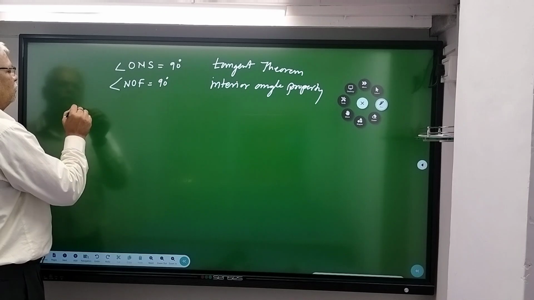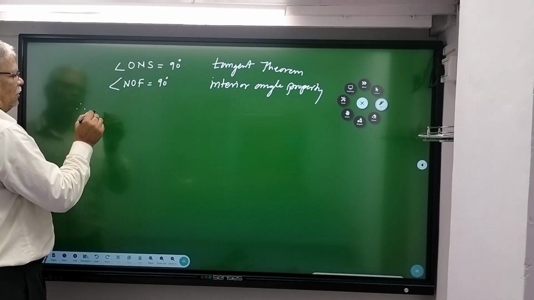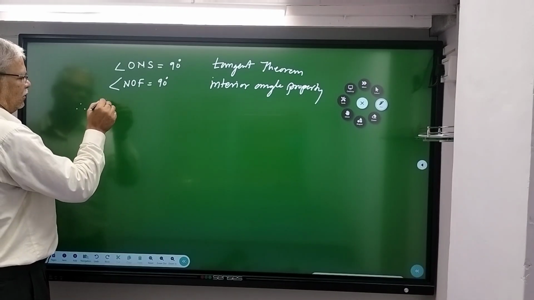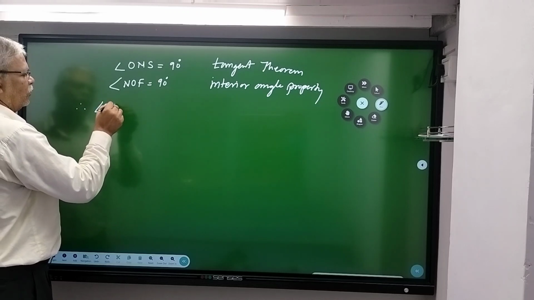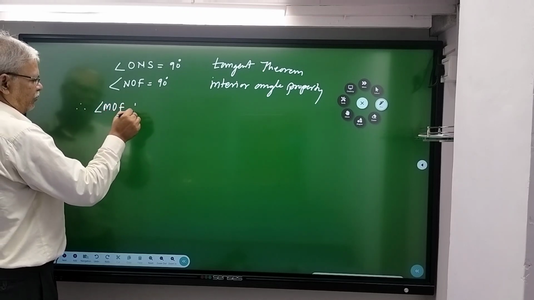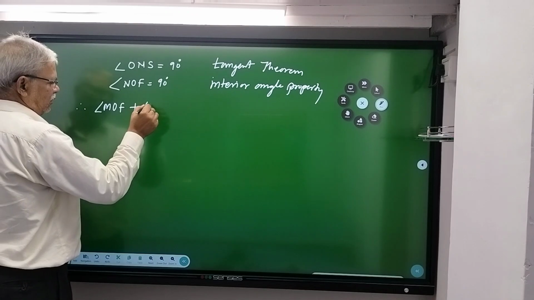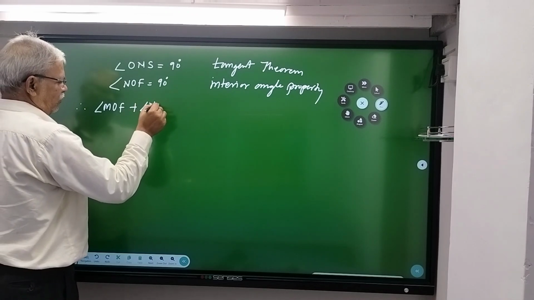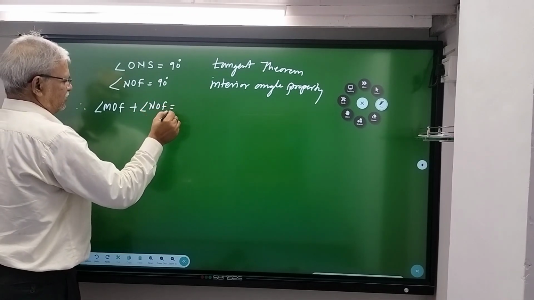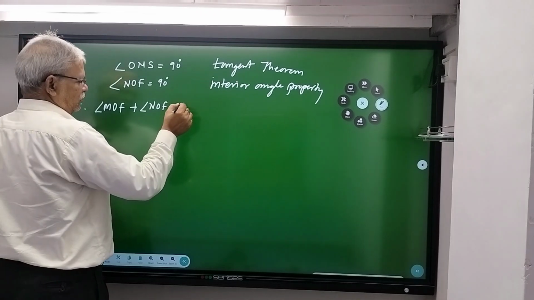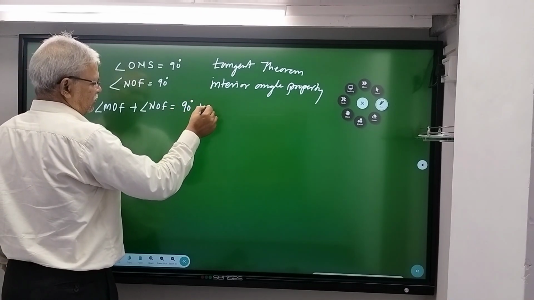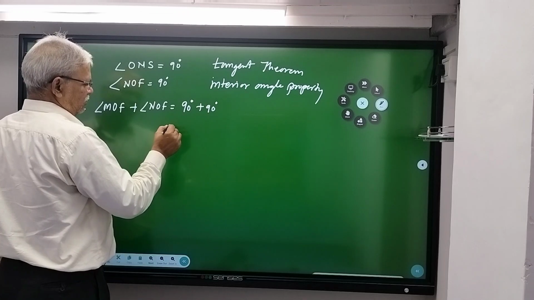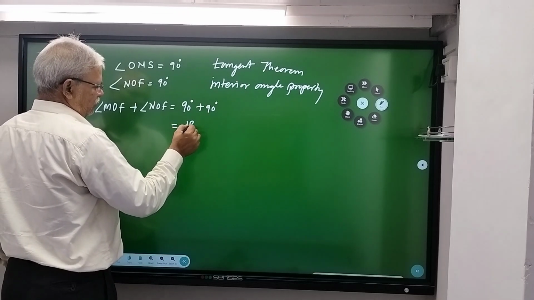Therefore, angle MOF plus angle NOF is equal to 90 plus 90 is equal to 180.